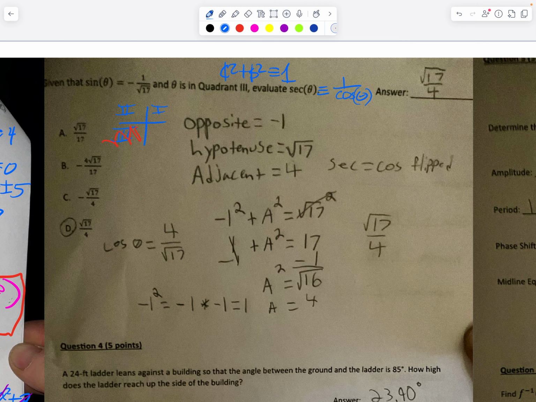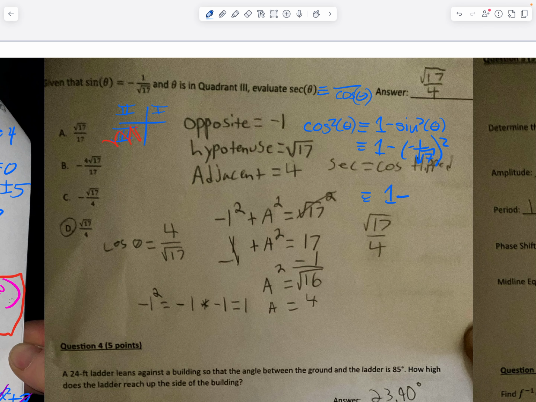So cosine squared is 1 minus sine squared, right? So that means cosine squared is always 1 minus sine squared, which in this case is 1 minus negative 1 over the square root of 17 squared.